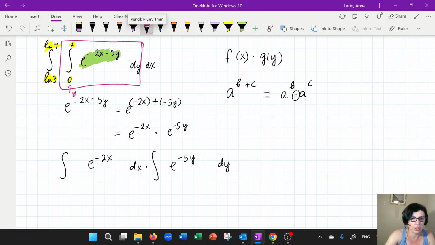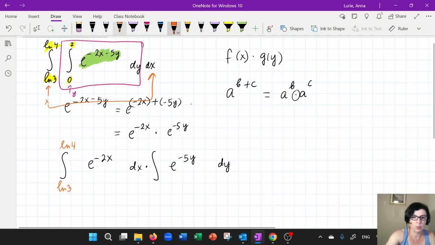This is how the y changes. And then the outside would be the x. So the x limits will become log of 3, log of 4. So don't mix that up. These are outside, okay? And then the inside limits are the y limits. So this would be 0 to 2.